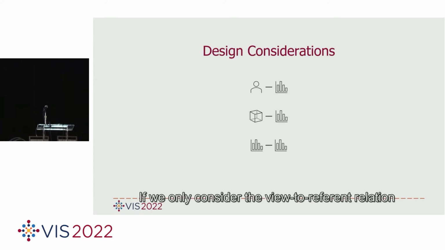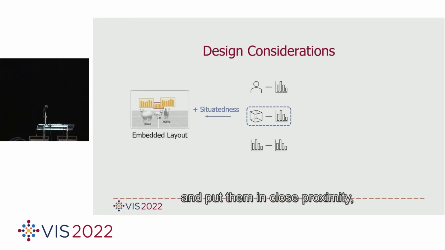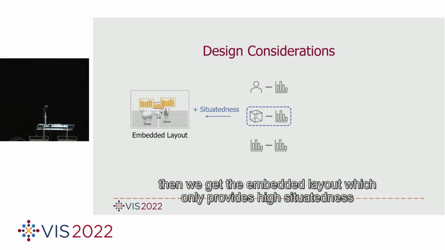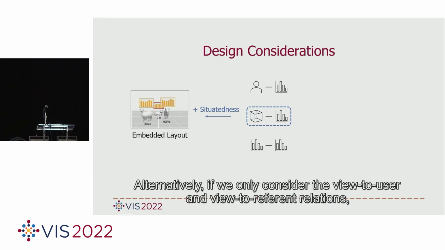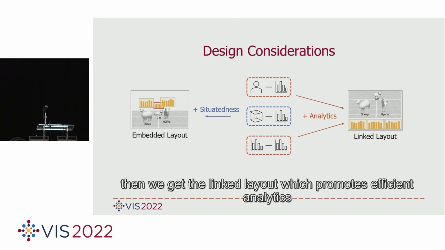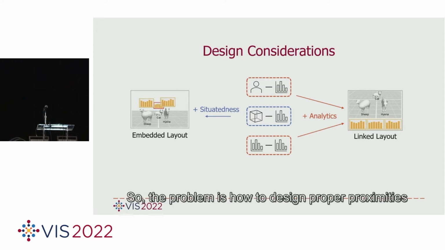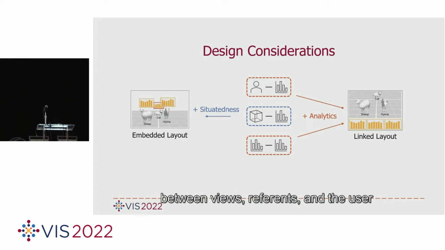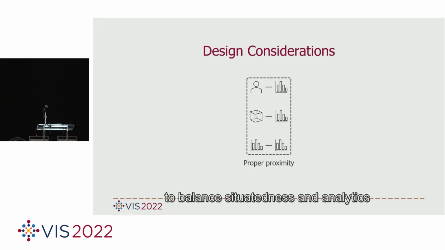If we only consider the view-to-reference relation and put them in close proximity, then we get the embedded layout, which only provides high situatedness. Alternatively, if we only consider the view-to-user and view-to-reference relations, then we get the linked layout, which promotes efficient analytics. So, the problem is how to design proper proximities between views, reference, and the user to balance situatedness and analytics.